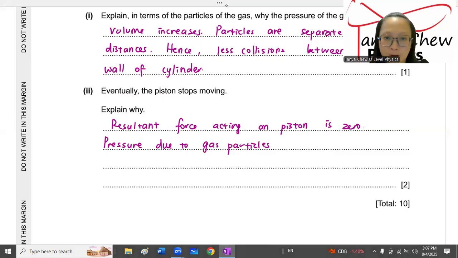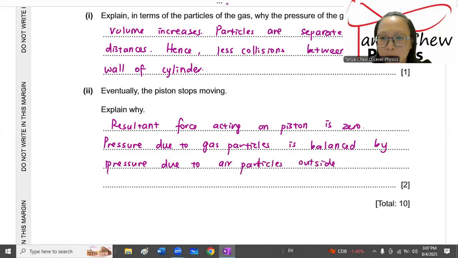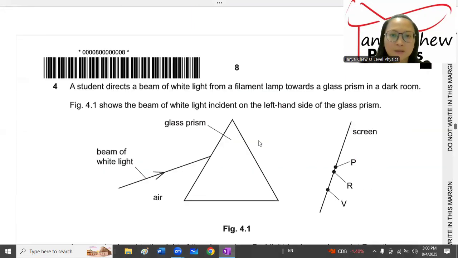Or the force due to the gas particles is balanced by pressure due to air particles outside or around the piston, inside piston. So you know how to differentiate. You have to differentiate between the gas particles inside and the gas particles outside. That's it.